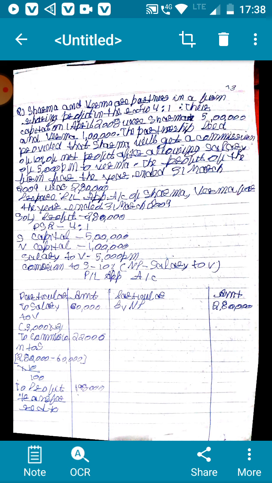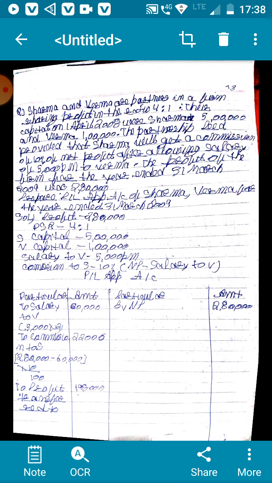Salma's capital is 5 lakh. Balma's capital is 1 lakh. Salary to Balma is 5,000 per month. Commission to Salma is 10% of net profit minus salary to Balma.